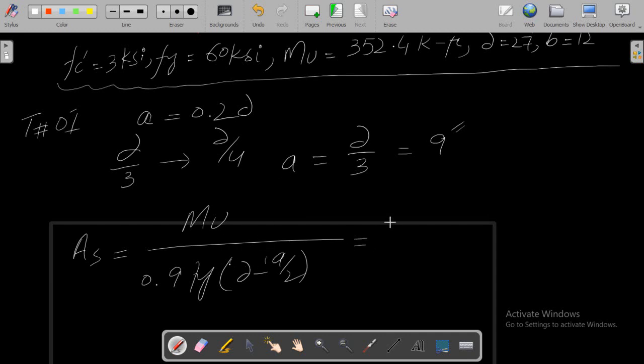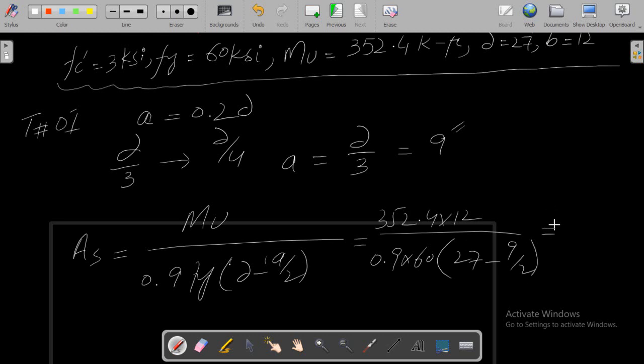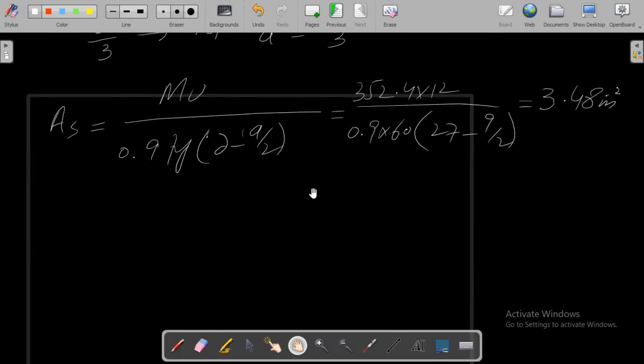Let me plug in the value: 352.4 times 12, because we have to convert from kip-feet to kip-inches, divided by 0.9 into 60 into (27 minus 9 divided by 2). If we use the calculator, we get 3.48 square inches, right? This is my trial number 1.